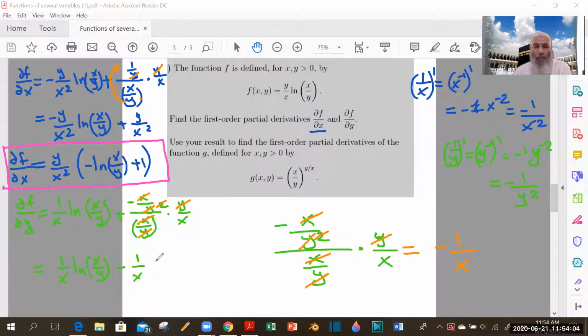We can take 1 over x as a common factor, so it would be 1 over x times ln x over y minus 1. This is the answer, df dy.